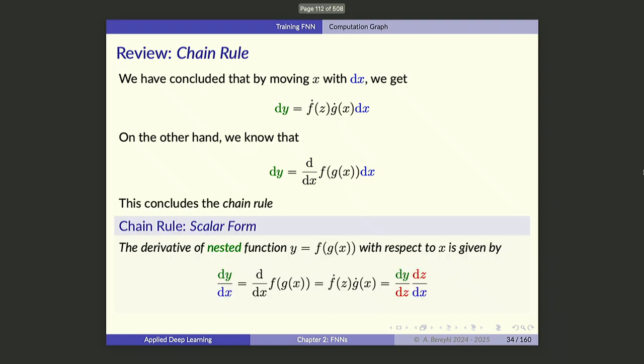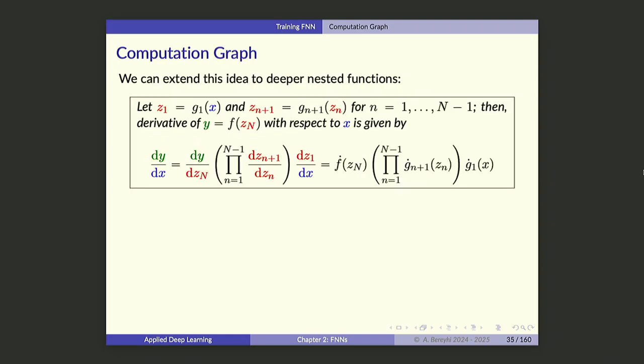So I conclude that the derivative of this nested function is the derivative of f at point z times the derivative of g at point x, correct? Everybody's clear? So this is the chain rule, which you had in high school. And you can simply extend it to a general case, right?